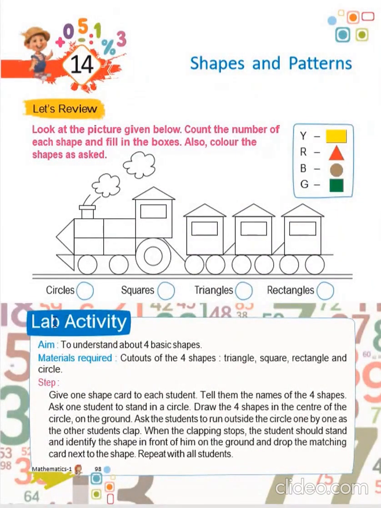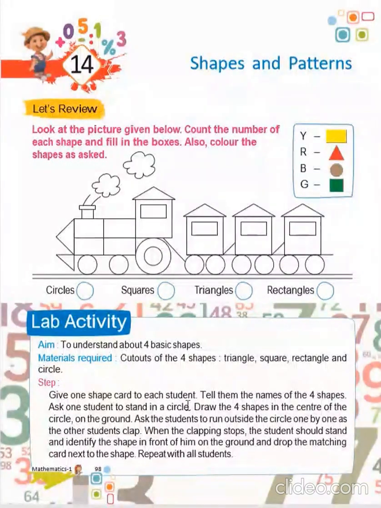Now come to this lab activity. What do we have to do in this activity? We have to take the cutout of the 4 shapes: triangle, square, rectangle and circle. Then this is the game which we have to play. In this game, one child will be inside a circle and inside that circle we will draw 4 shapes, and all other children will be outside.